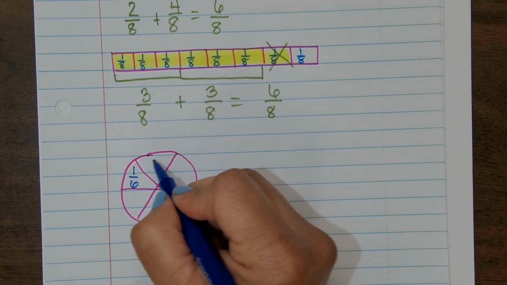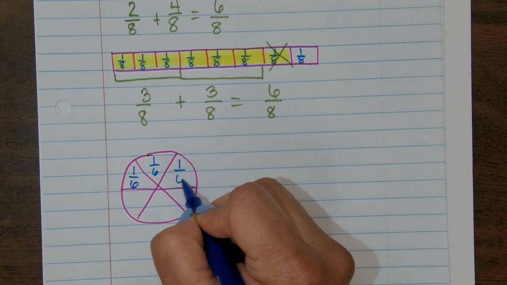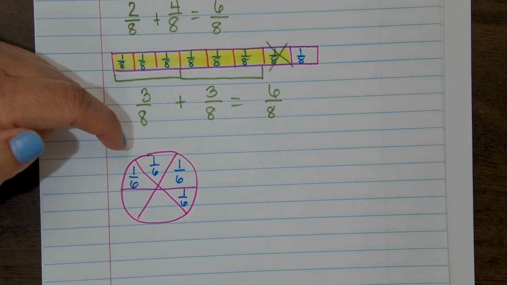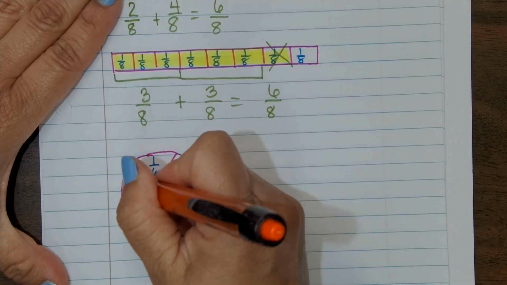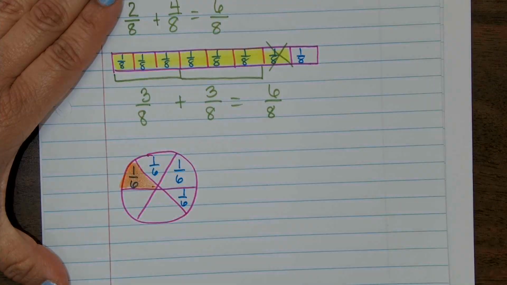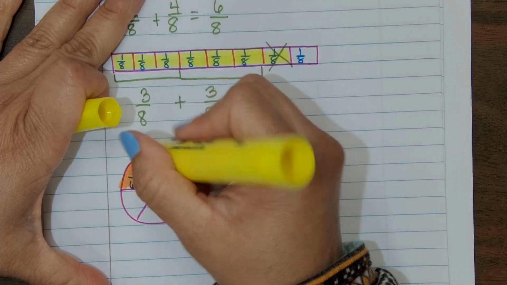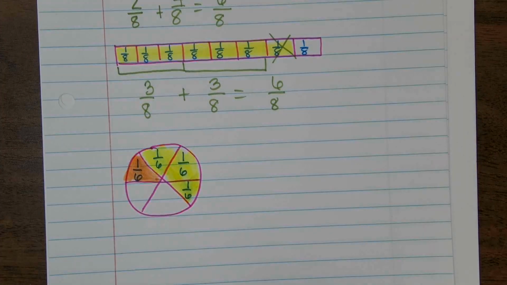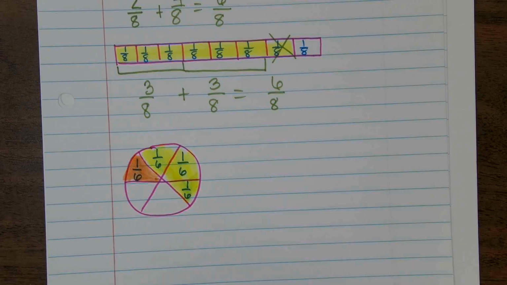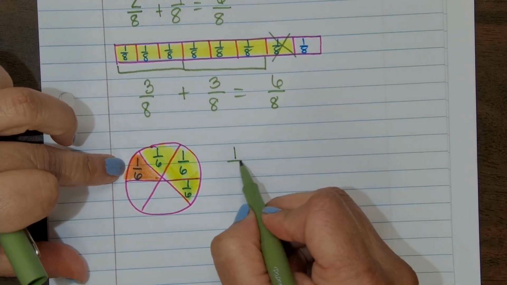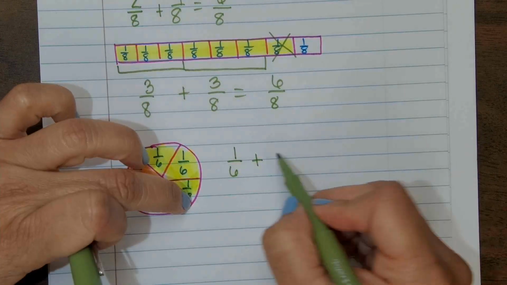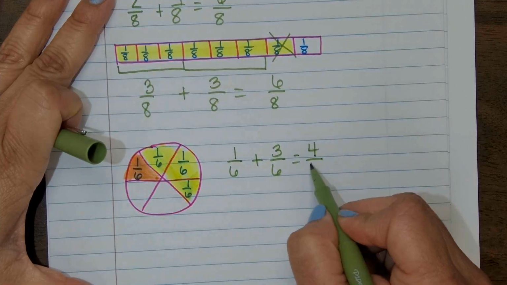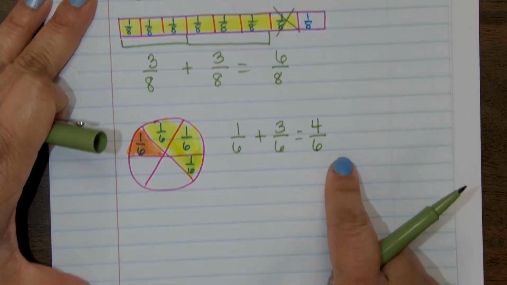I'm only going to label 4 of them: 2, 3, and 4. Okay, so here I can shade in 1/6, and then I can shade in 3. So I can say that 1/6 plus 3/6 equals 4/6. Remember, again, your denominator stays the same.